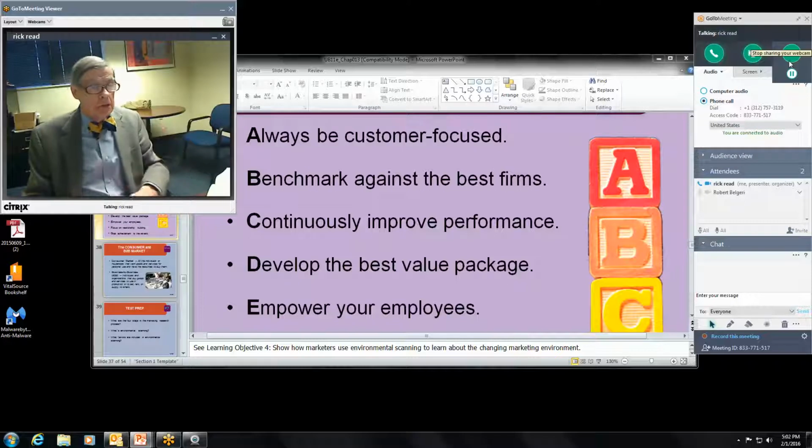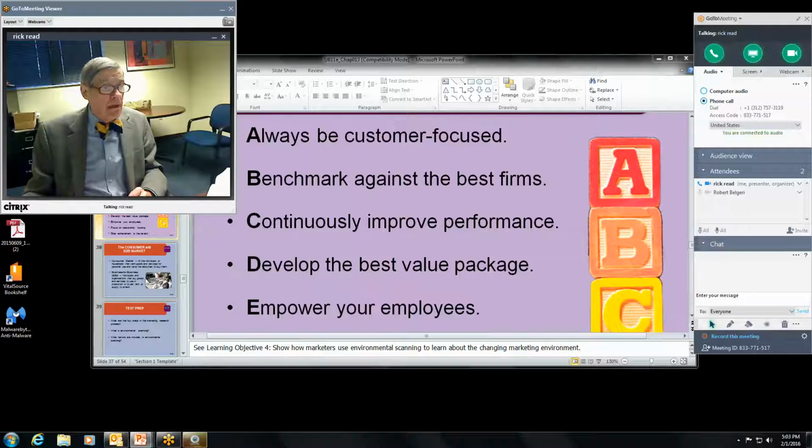Benchmark here. Work to continually improve your performance. And this is something that is very important. And last, of course, as we've talked about, empowering employees.